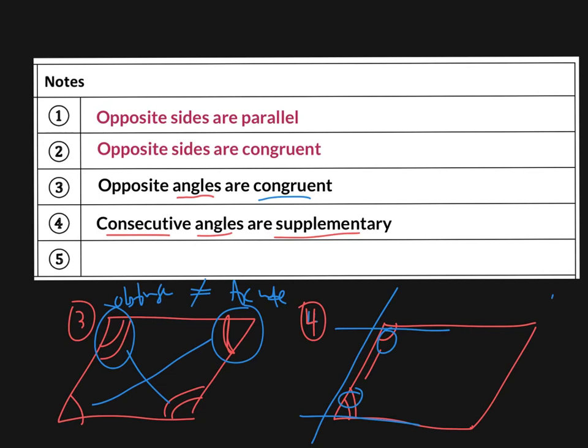But because the sides are all parallel all the way around, these 2 angles are supplementary, and then of course, these 2 angles are supplementary, and then following again, these 2. So any 2 consecutive angles will be supplementary because they are same side interior angles of parallel lines.